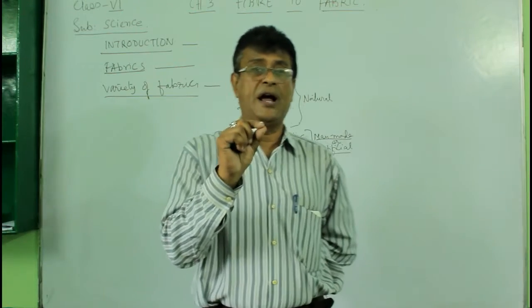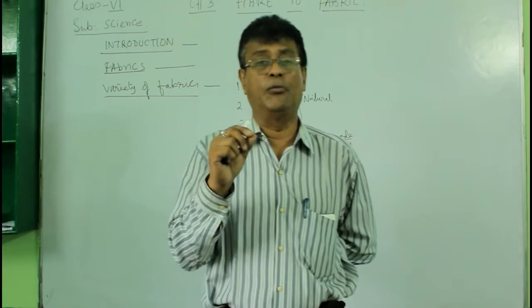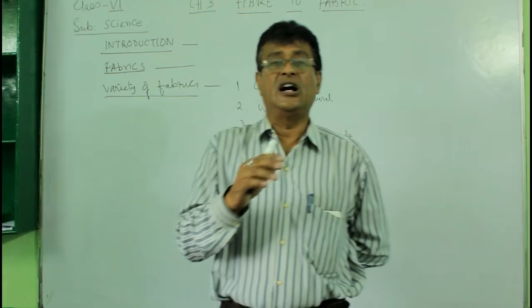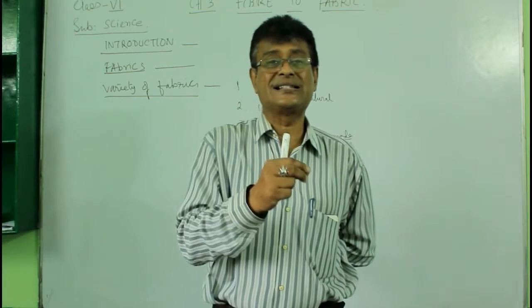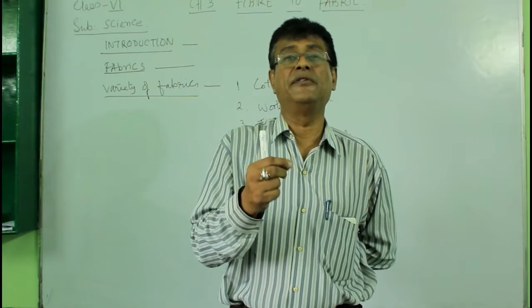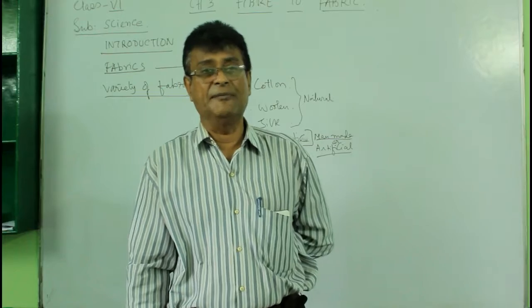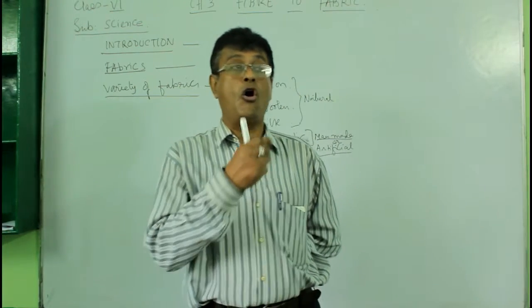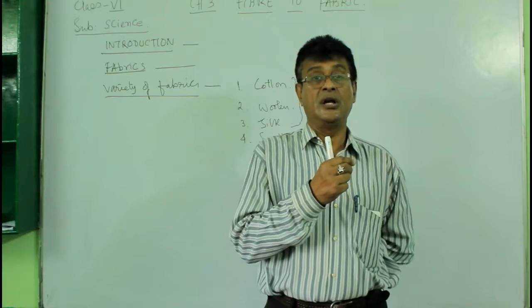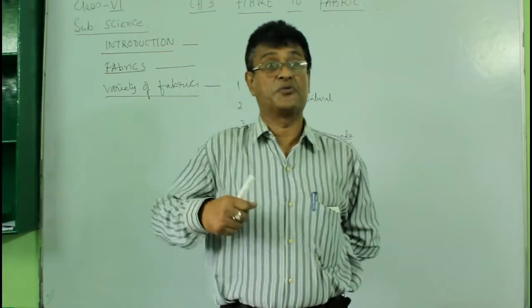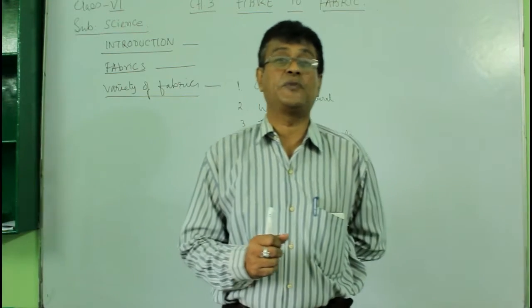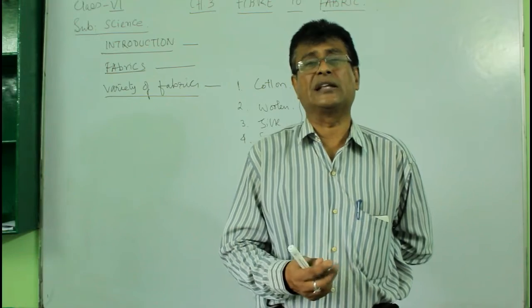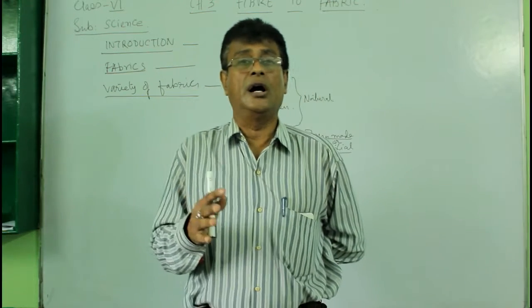In the mulberry plants, when the moth lays eggs, after some days the eggs hatch to give you the caterpillar. The caterpillar is a voracious eater. It goes on eating all the mulberry leaves and slowly and gradually becomes fat, because it will go through metamorphosis.